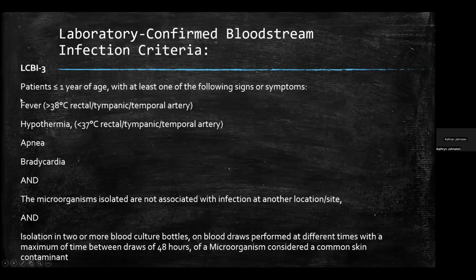LCBI3 is specific criteria for patients that are less than or equal to 1 year of age. And it's a combination of signs and symptoms and positive blood cultures. And again, it's in at least 2 blood culture sets. And this is a change because in neonates, frequently they will only draw 1 blood culture because of the concern for anemia with too much blood drawn from patients.